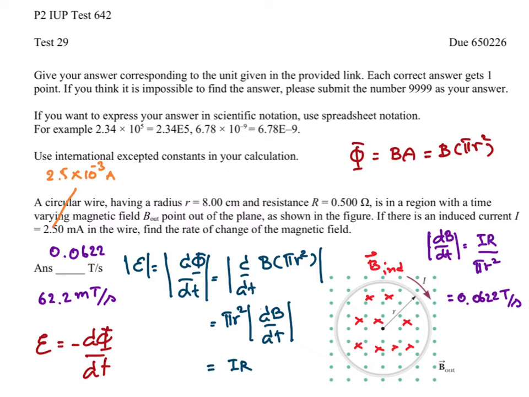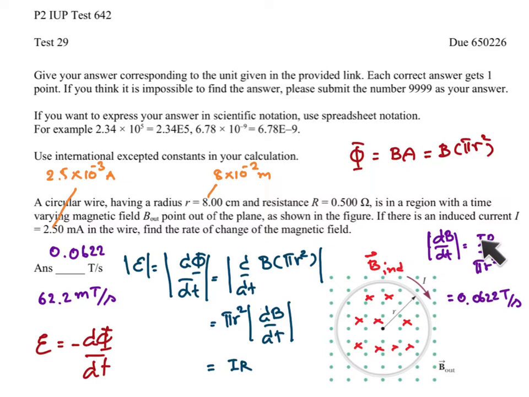We know the resistance R in ohm, so we do not have to convert anything on the big R. And the small r, the radius, is 8 centimeter, which we have to convert to 8 times 10 to the minus 2 meter before we substitute in our calculation. So we know our numerical values and we can put them all into this expression.